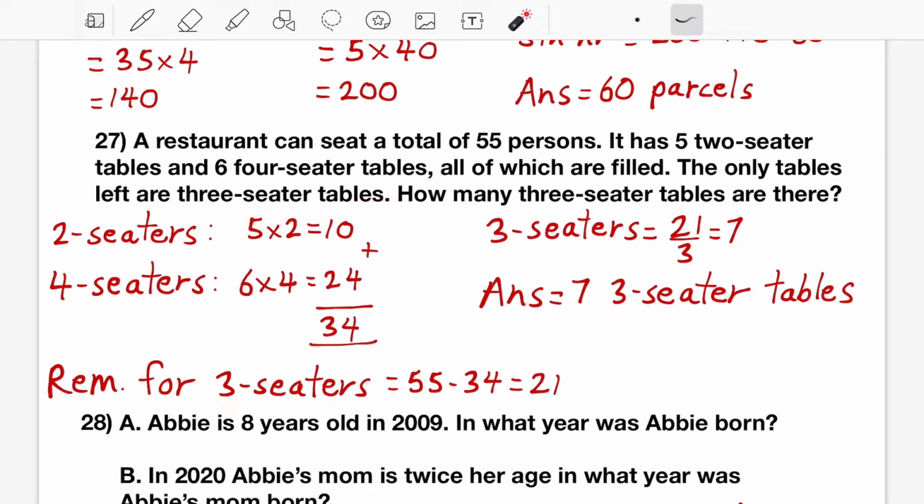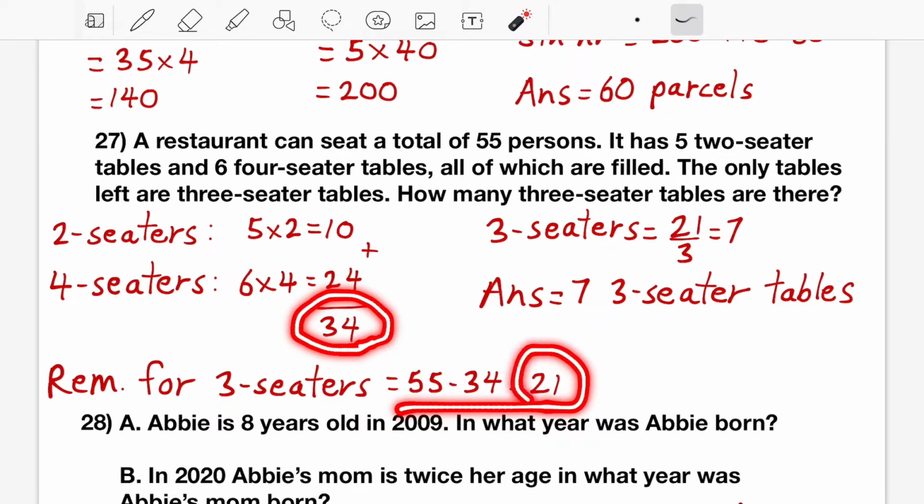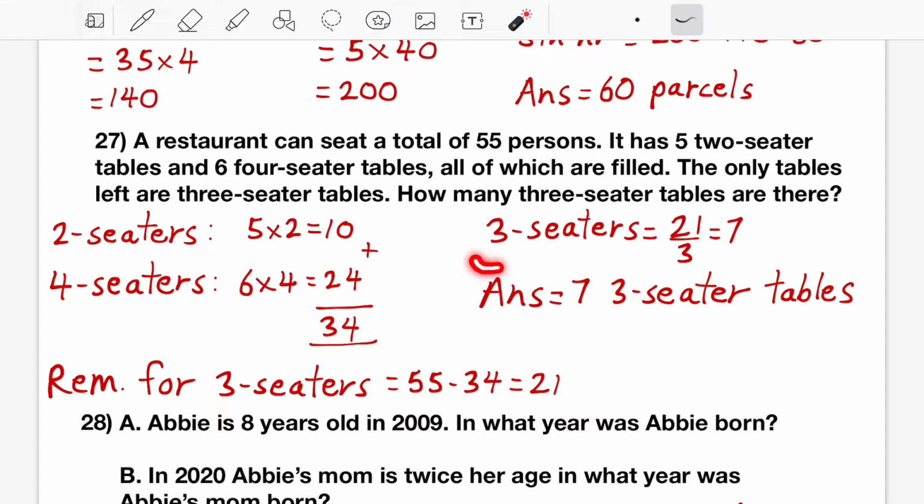So how many 3-seaters? So let's take the total 55, subtract the amount of seats for the 2-seaters and 4-seaters. So that would be 55 minus 34 is 21. So 21 remains for the 3-seaters. So we divide 21 by 3, and that will give us 7. So that's 7 3-seater tables.